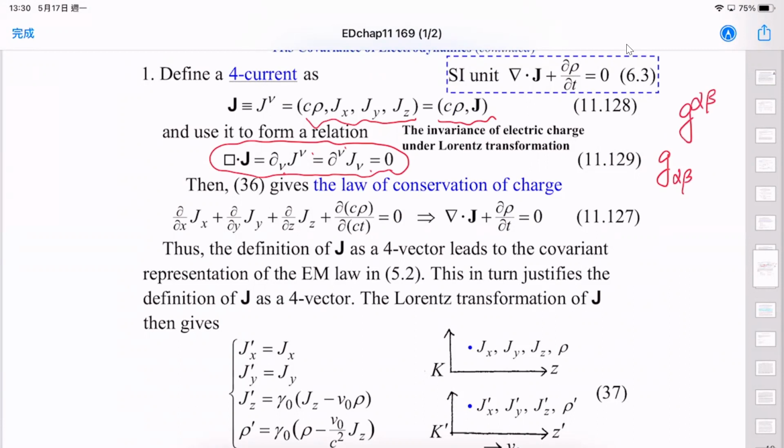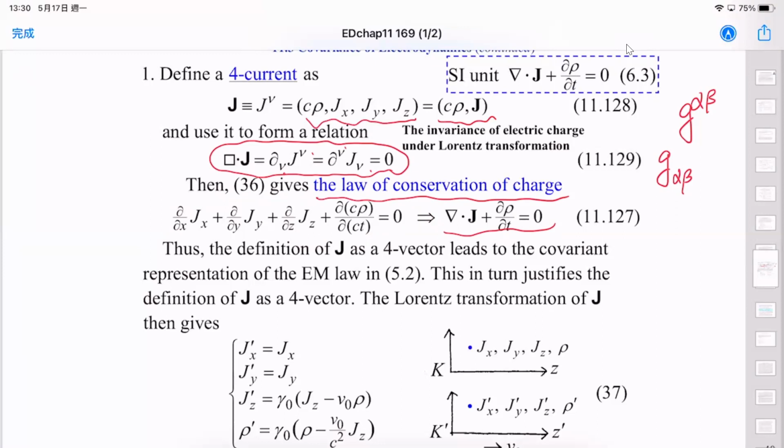Then equation 36 gives the law of conservation of charge. That is the equation we're familiar with. This will be invariant, so the conservation of charge will be covariant, that is, invariant in form in all Lorentz frames.